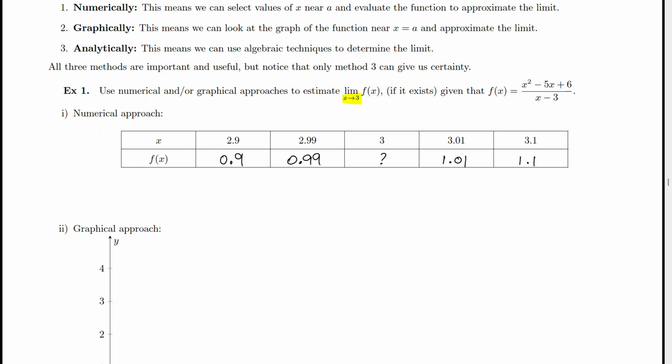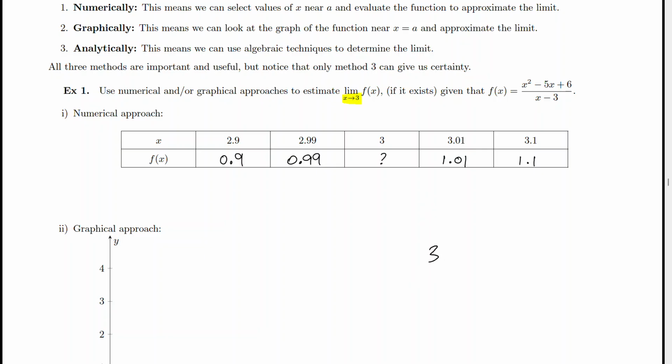And remember, you can make your table as big as you want. You don't have to pick these numbers specifically. As long as you pick numbers sufficiently close to 3, meaning very, very close to 3, then this method is reliable. If I put in, for example, 3.7, that's not reliable anymore because 3.7 is really, really far from 3.